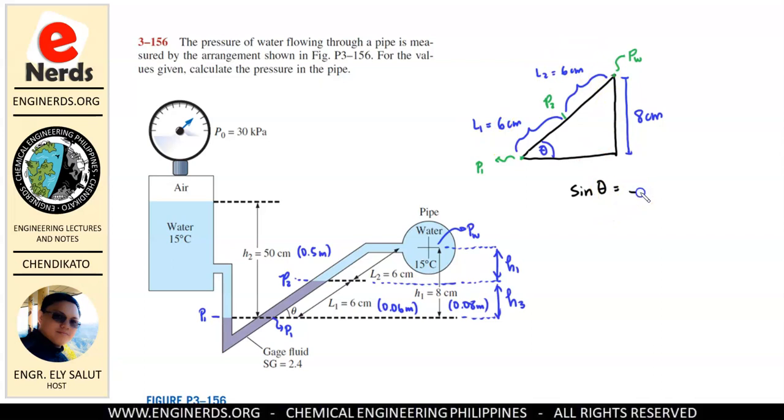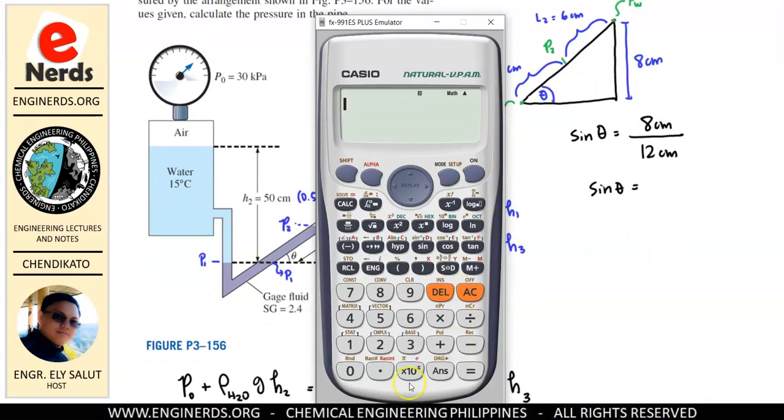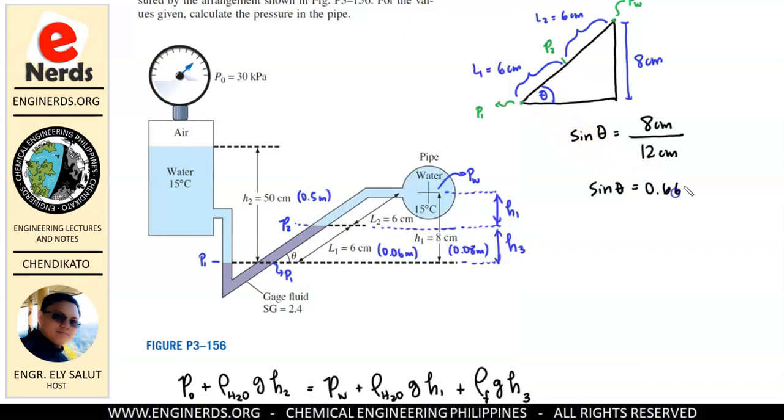So, sine is opposite over hypotenuse, so we have 8 centimeter over 12 centimeter. So, therefore, sine theta is 8 divided by 12, which is 0.6667, right? So this is our sine theta.